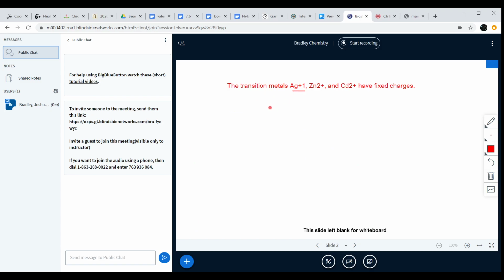Silver has only 1 oxidation state, so silver will only lose 1 electron. Zinc also only has 1 oxidation state. It's only going to lose 2 electrons. So every time you see zinc chloride, that's always going to have 2 electrons missing. And the last one is going to be cadmium. That's going to also have 2 electrons lost every single time. Okay, that's really it for transition metals.